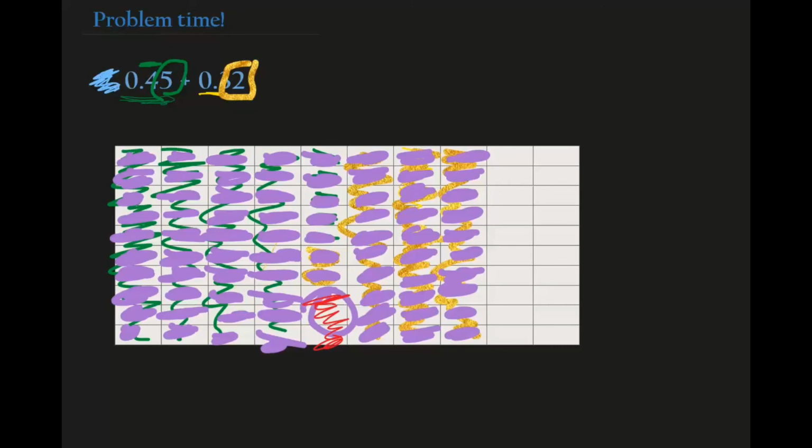So you might be thinking 77 is our answer, but it's not. Like I said in the first problem we did, 77 is the number after the decimal point. Our answer would be 0.77.